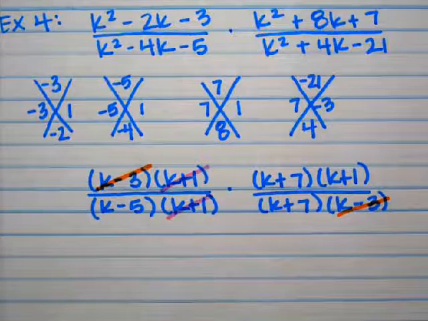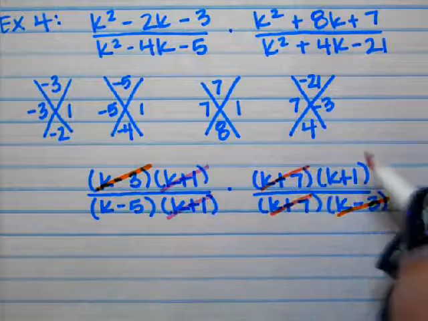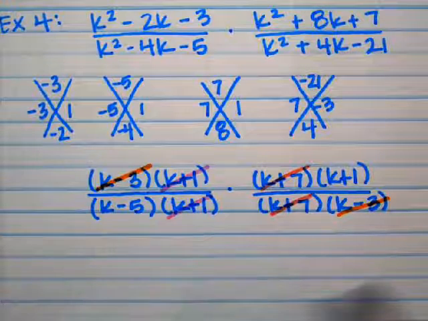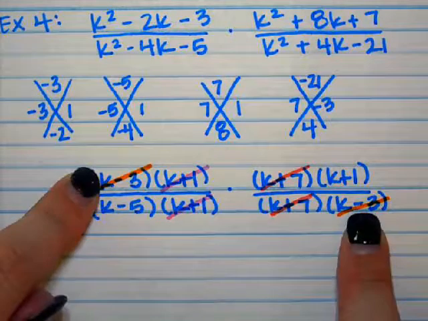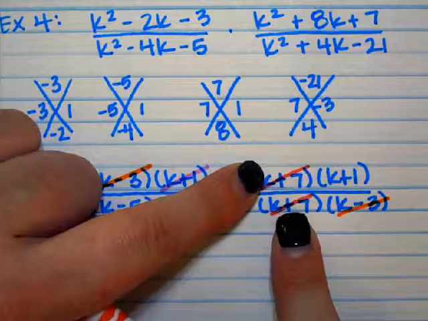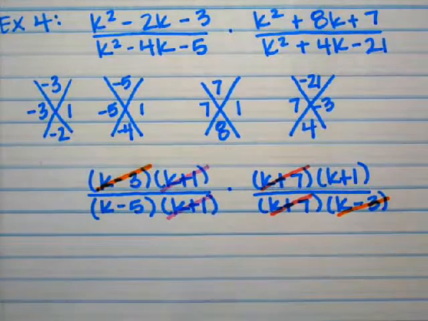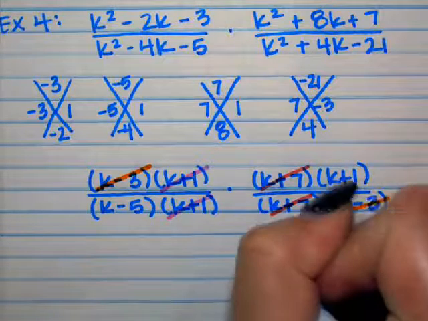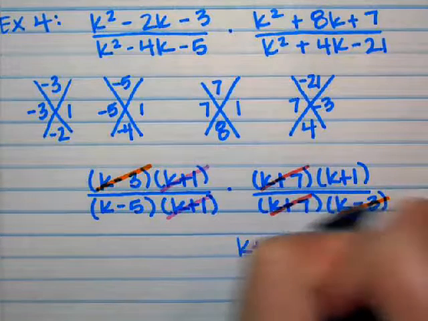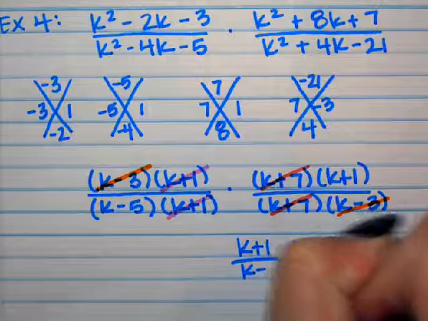The k plus 7s, those divide to be 1. That's all that divides to be 1. So the rest of it is our leftovers. So our answer is k plus 1 over k minus 5.